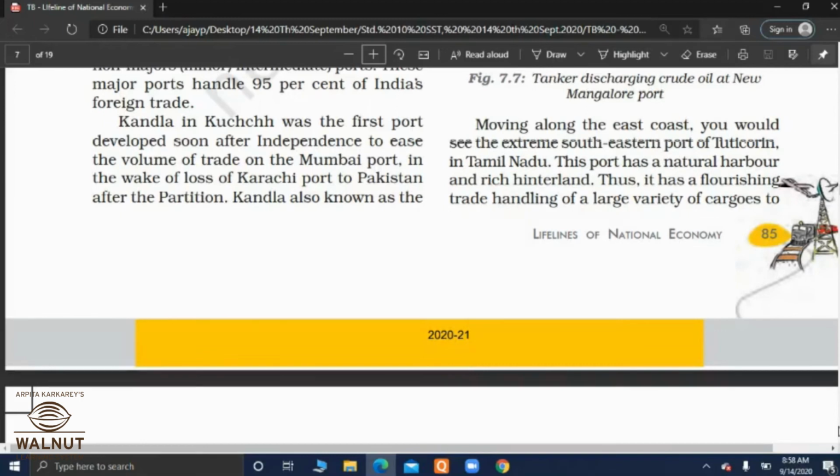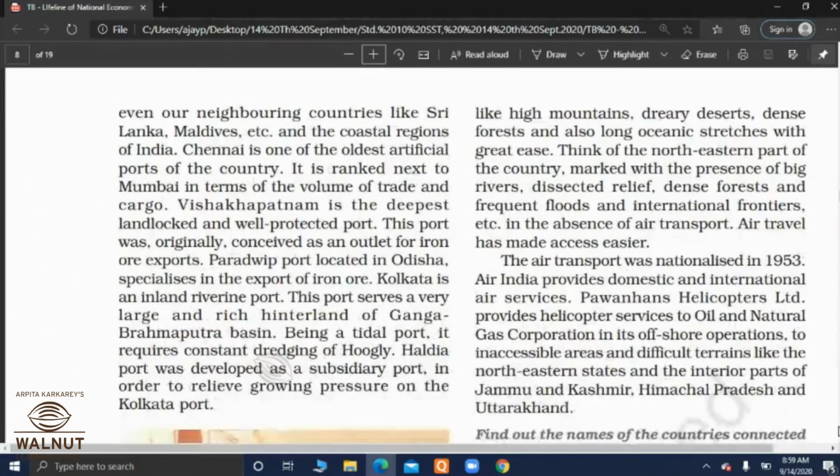Thus, it has a flourishing trade handling a large variety of cargoes to even our neighboring countries like Sri Lanka, Maldives, etc., and the coastal region of India. Chennai is one of the oldest artificial ports of the country. It is ranked next to Mumbai in terms of the volume of trade and cargo.